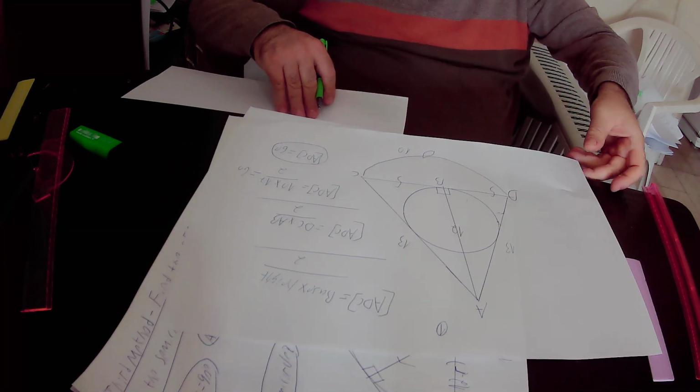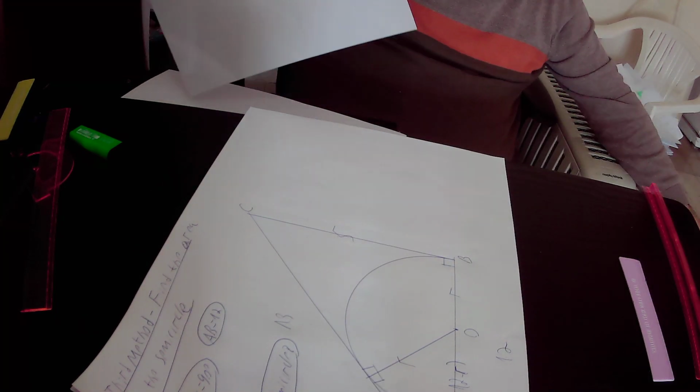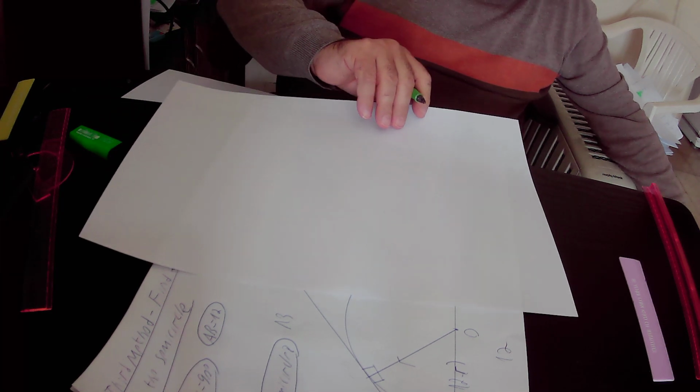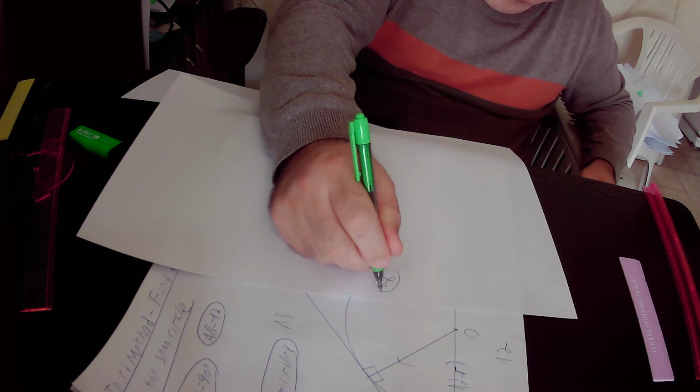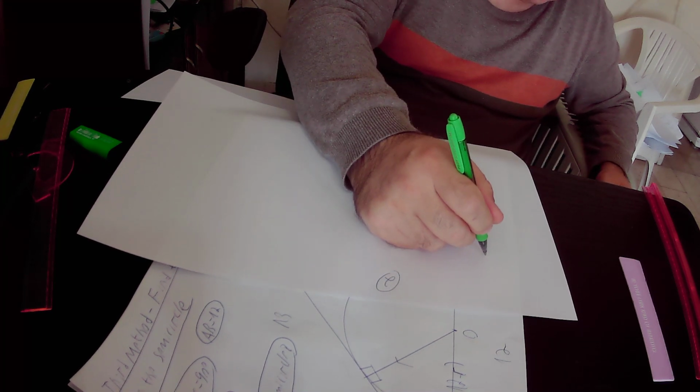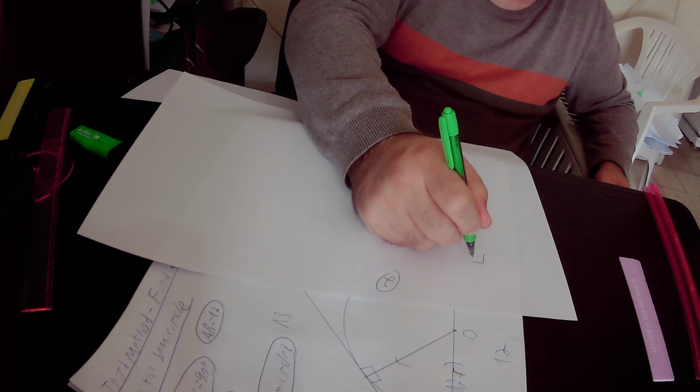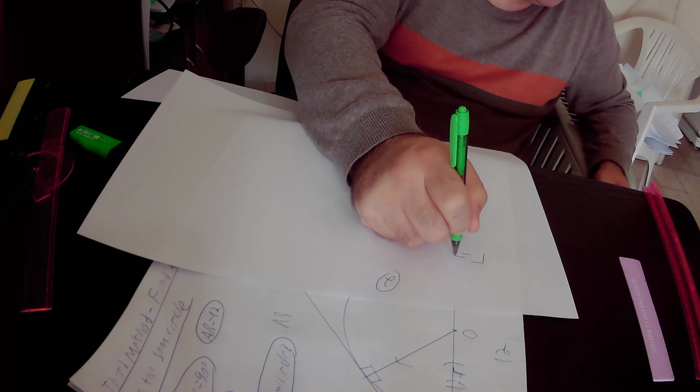So I will write down the formula that will help us to find out the radius of the circle that is inscribed by triangle ADC.